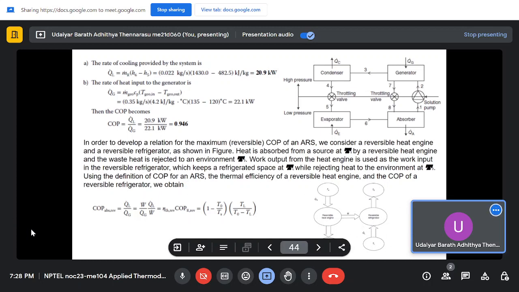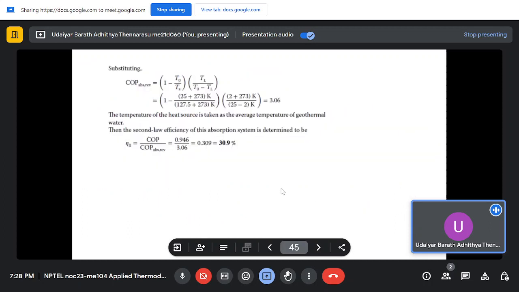In that case, the COP comes out to be (1 minus T0 by Ts) into TL by (T0 minus TL). So this is a schematic of a reversible heat engine driving a reversible refrigerator.